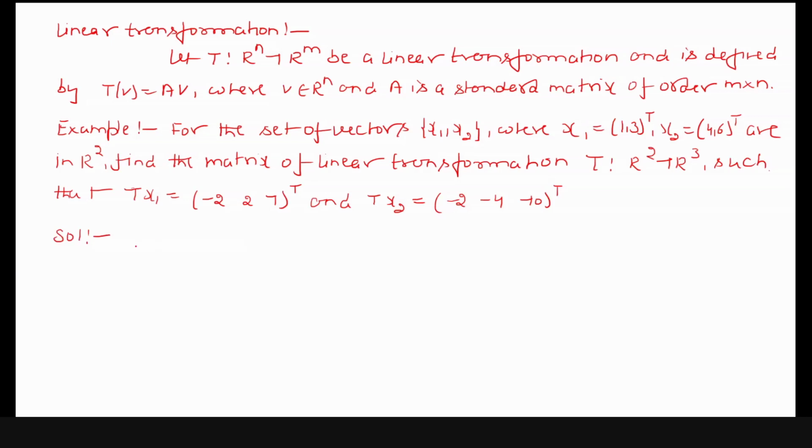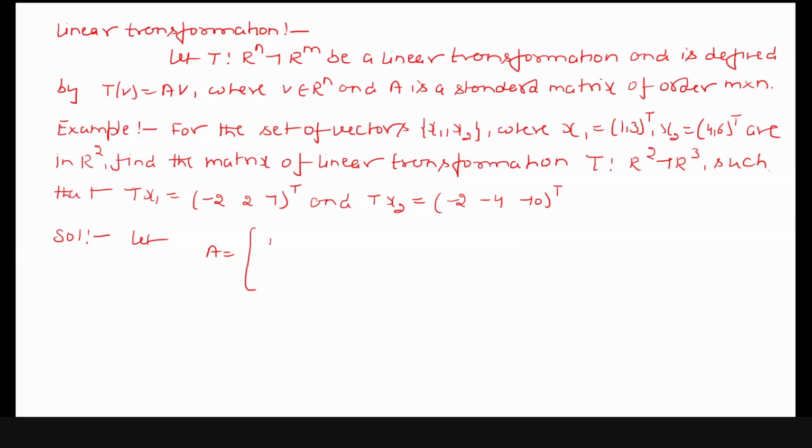So now let A be the matrix. What is the order of the matrix of the linear transformation here? It is 3 cross 2, because T is from R square to R cube. Then order of A is 3 cross 2.